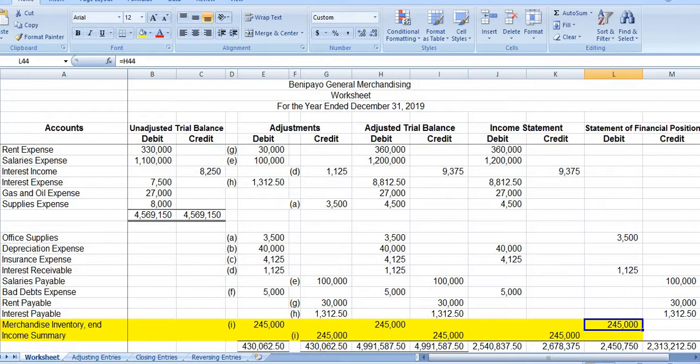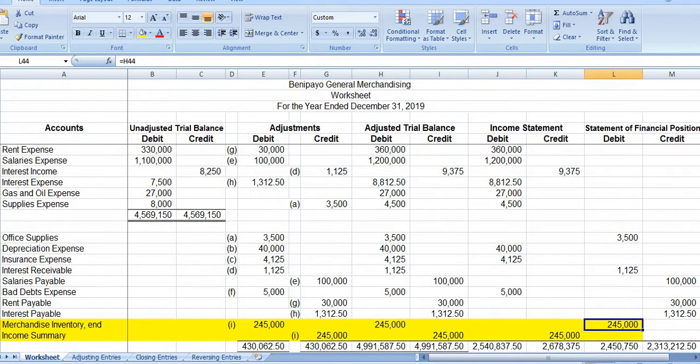And from that cost of goods sold computation, we also must know that since merchandise inventory end is subtracted from the total of merchandise inventory beginning and the net purchases, then the normal balance of merchandise inventory end in the income statement must be the opposite of the normal balance of merchandise inventory beginning and purchases.